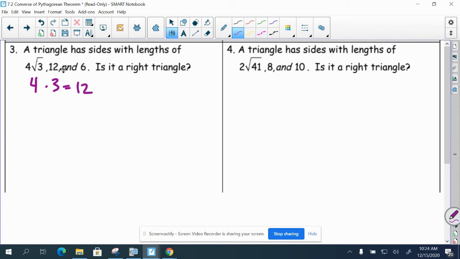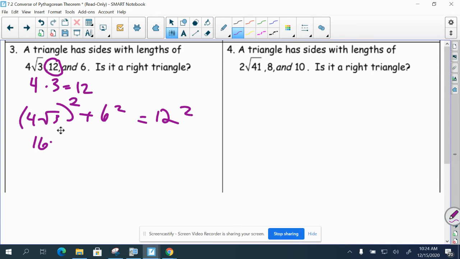So let's double check. Now that we know that 12 would be the hypotenuse, let's see if it's a right triangle. Remember that when you square 4 square root 3, you have to do it like this. And then plus 6 squared, does that equal 12 squared? So 4 squared would be 16, and then times 3, because the square root cancels out.